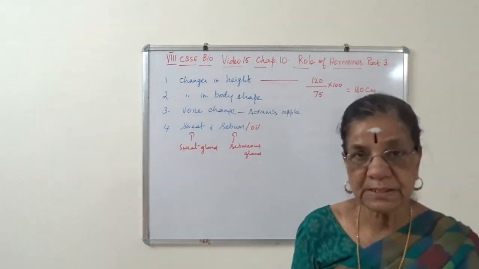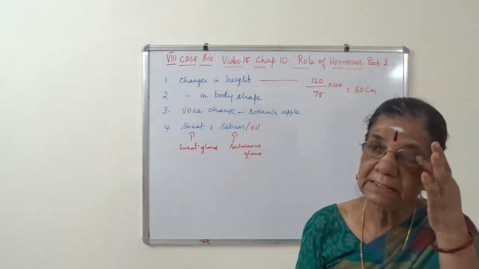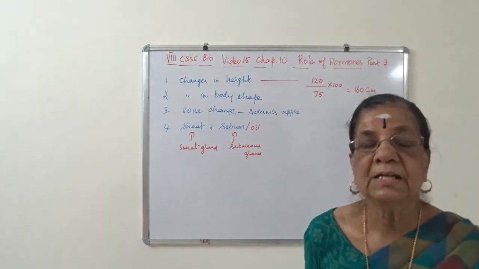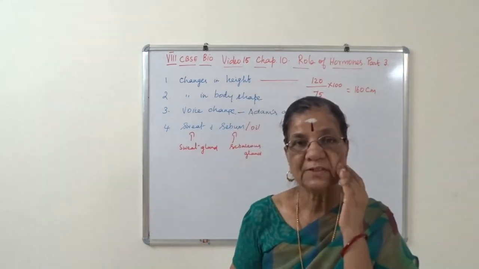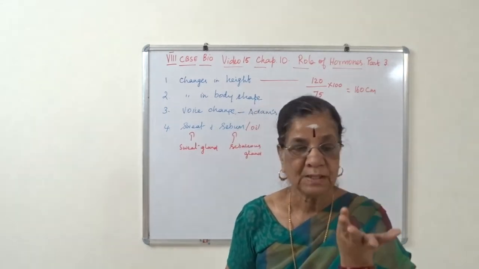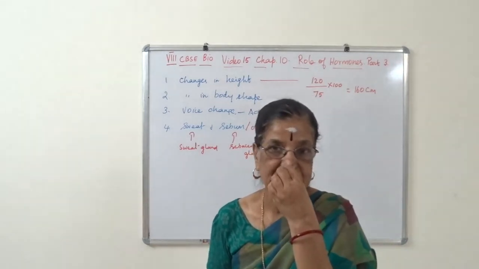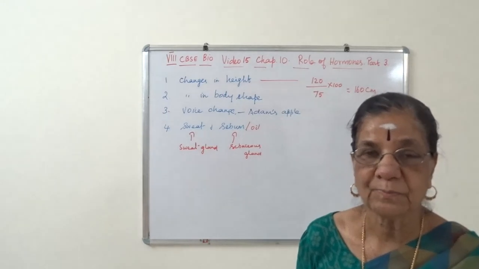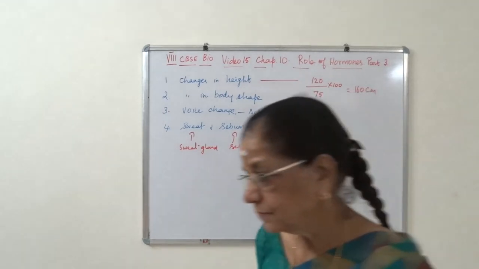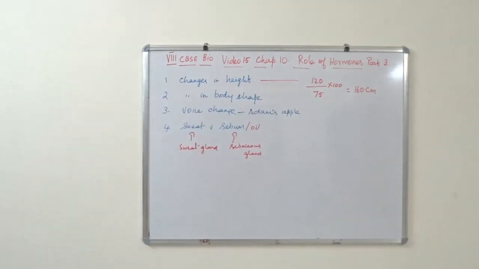In the same way, the sebaceous gland secretes an oily substance, that is called sebum. Sometimes the face becomes oily due to secretion of sebum. I hope you understand. So this is for increased activity of sweat gland and sebaceous gland.